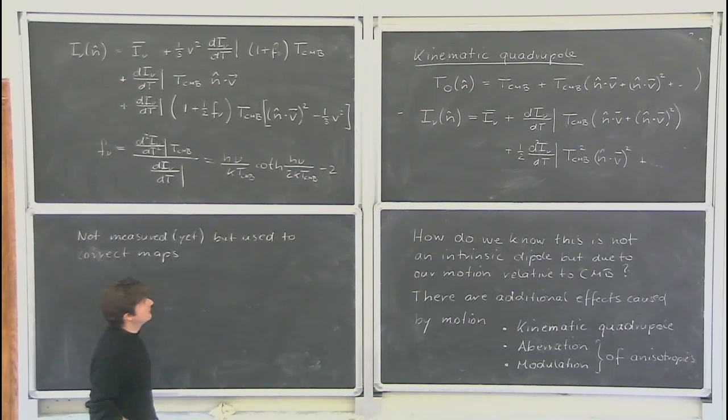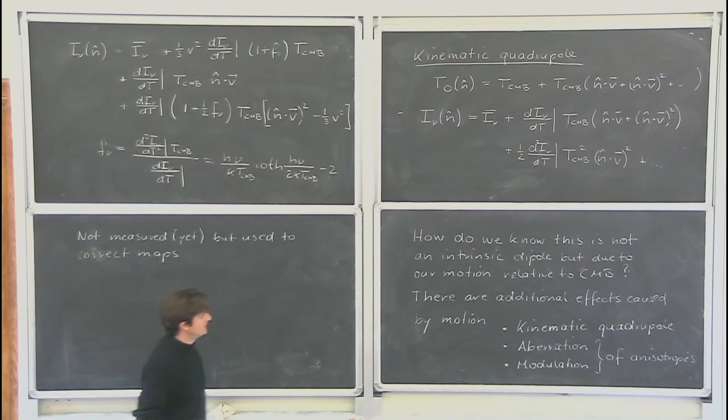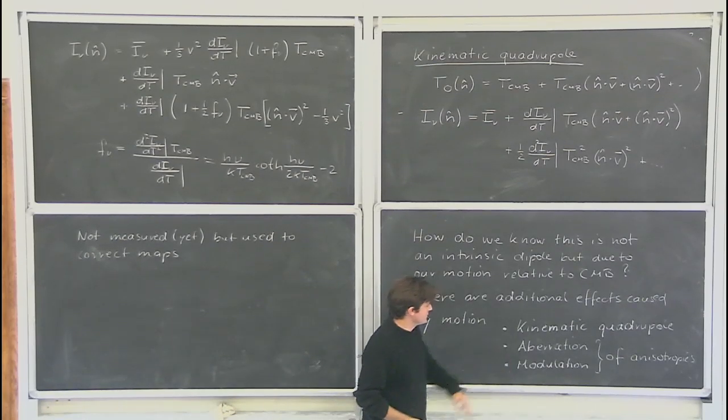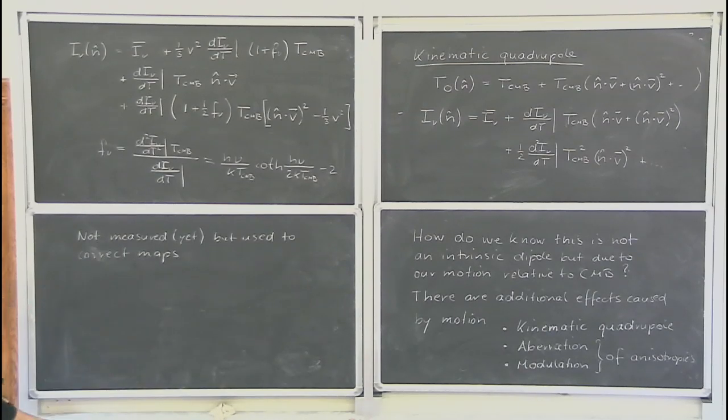And any questions about these things? So at least in principle, it gives you a way to disentangle. And now we'll look at these two effects which actually have been measured. So that will be maybe more interesting. But this is at least in principle a way you can disentangle the intrinsic dipole from the kinematic dipole by measuring the kinematic quadrupole, because it has a different frequency dependence.